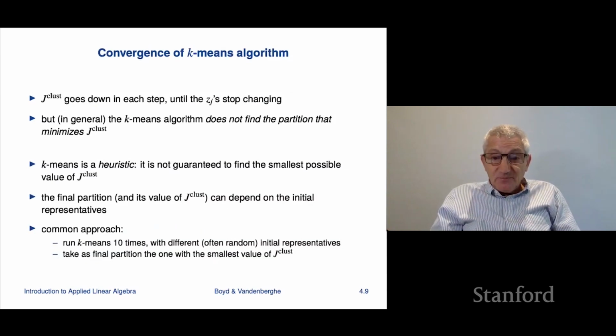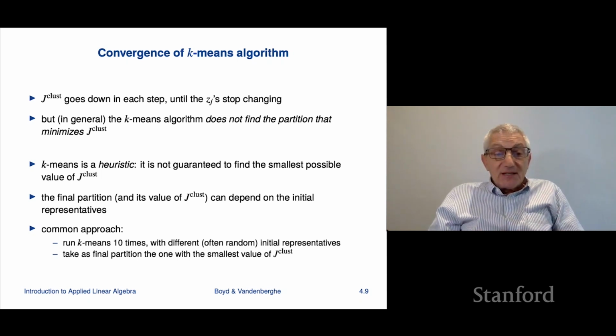Now, as I said, the objective goes down every step until they stop changing. One thing about this is that you might think this would actually solve the problem. The fact is it does not. We will even see specific examples where the algorithm stops and it is not the optimal clustering.